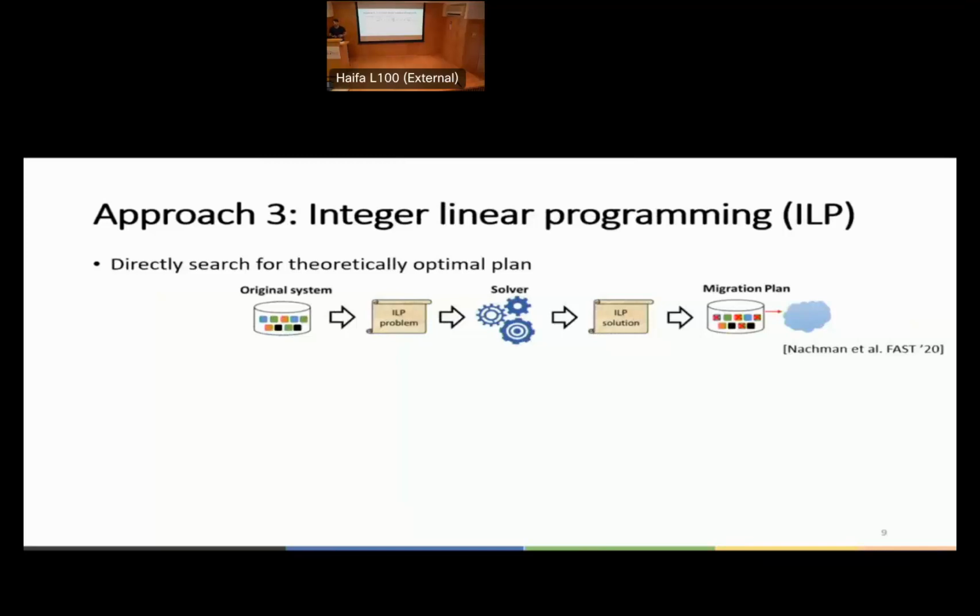So this is something similar to another paper from FAST20, and we followed a similar manner. The entire system is formulated as an ILP problem. This ILP problem is then presented to an ILP solver to solve, and the result of the ILP instance is then translated into a valid migration plan.